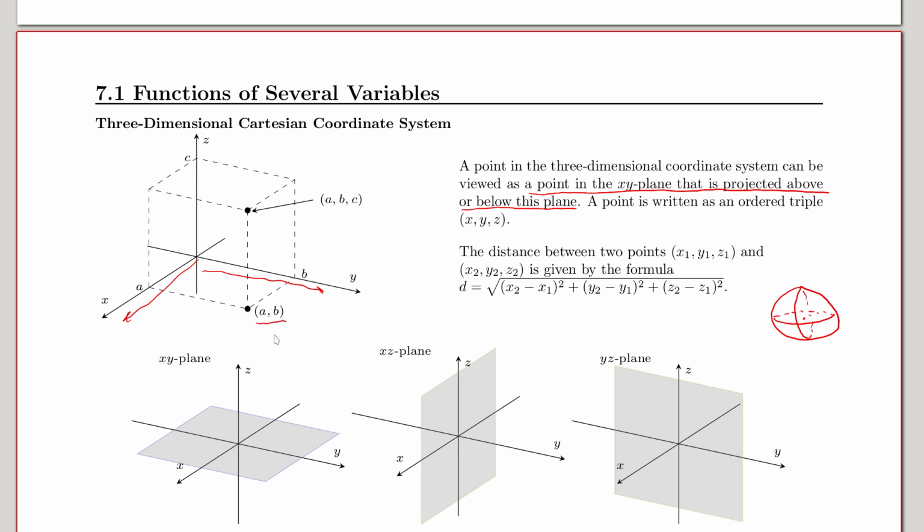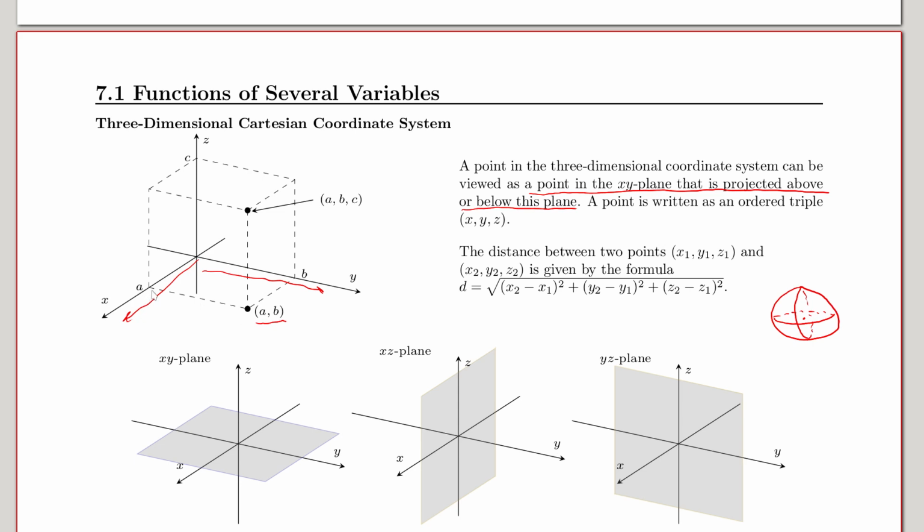So there's a point on your desktop. And then we project up above your desk or down below your desk to get a point in 3 dimensions. It's the easiest way to visualize it. We live in 3 dimensions, and for some reason it's still tough when you actually think about it. We don't, on a day-to-day basis, think about the fact that we live in 3 dimensions. I don't.